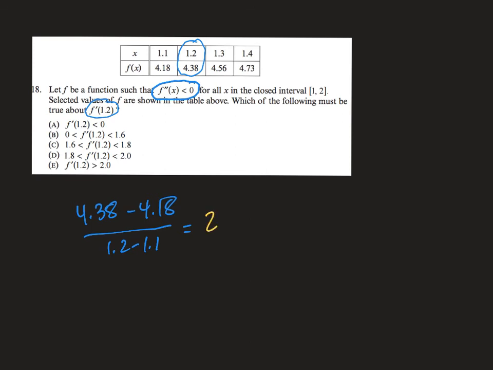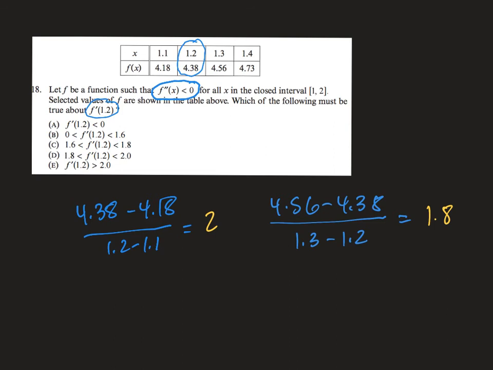And then when you do 4.56 minus 4.38 over 1.3 minus 1.2, you get 1.8. And so we know that our slope is decreasing, and we know that it's trapped between these two values.